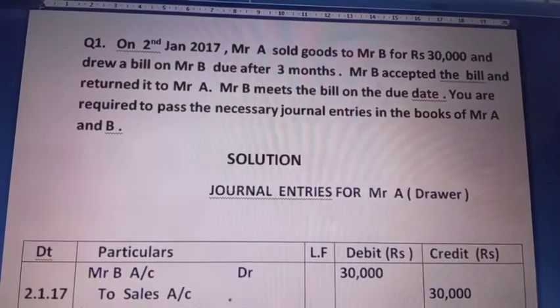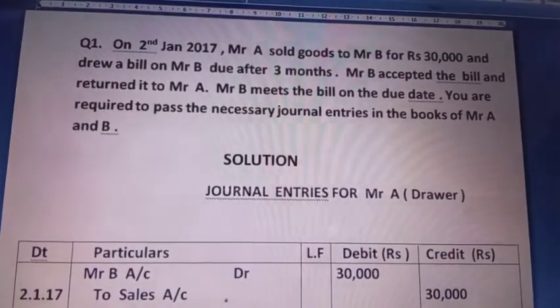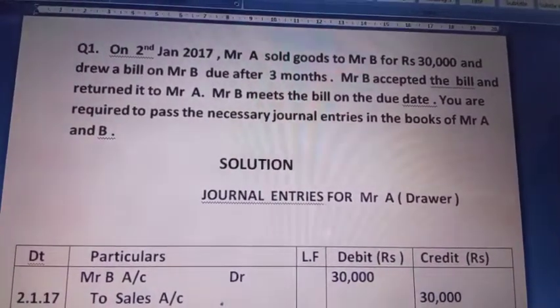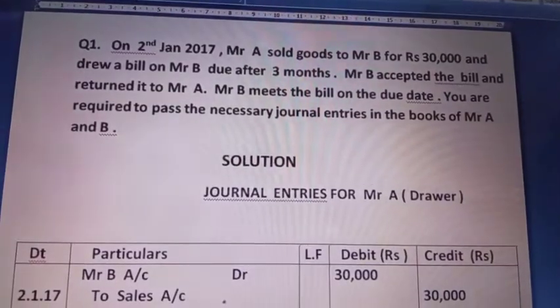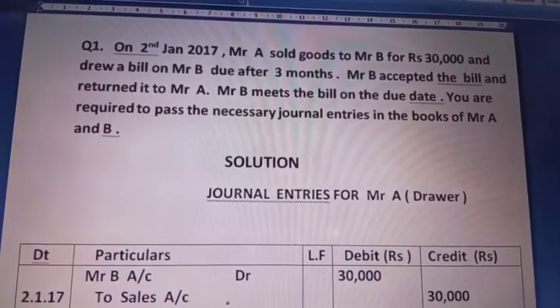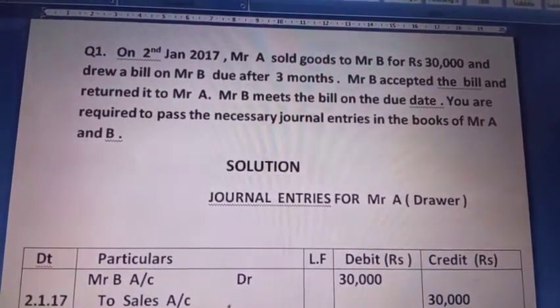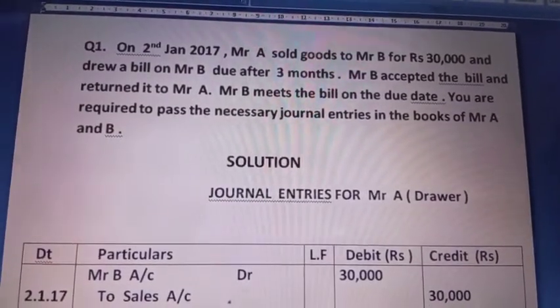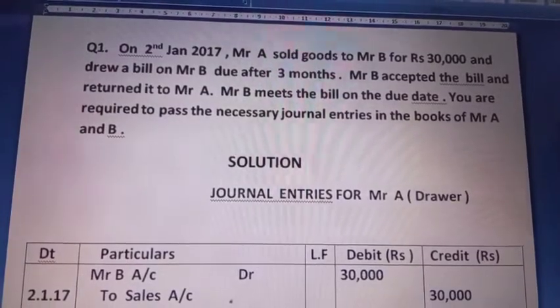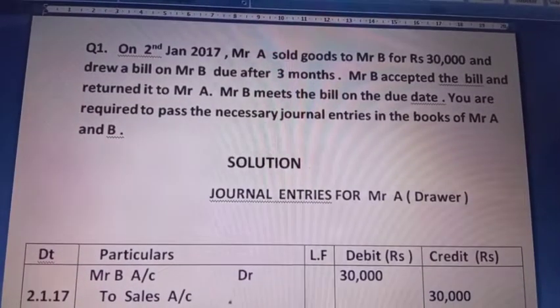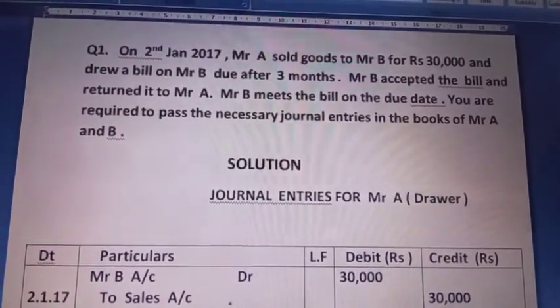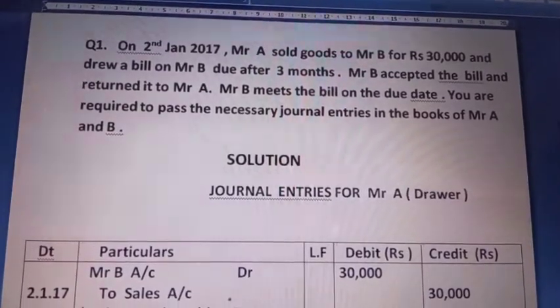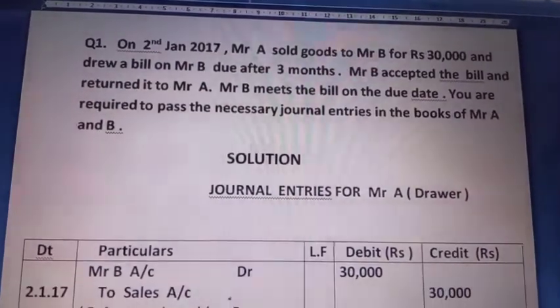Now here is one important thing which you need to know, that is how to calculate the due date of the bill. For this we have to follow one rule. If I consider 2nd Jan, 3 months after 2nd Jan means 2nd of April, isn't it?